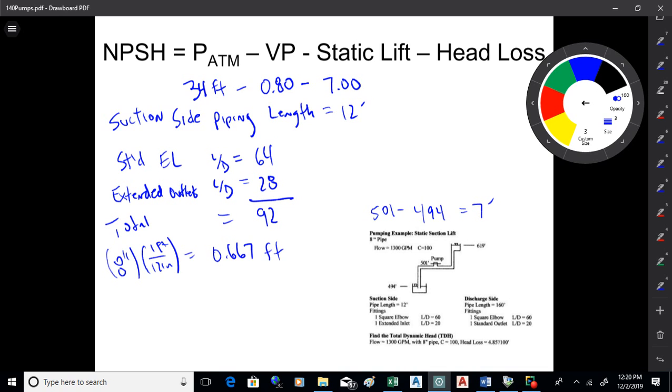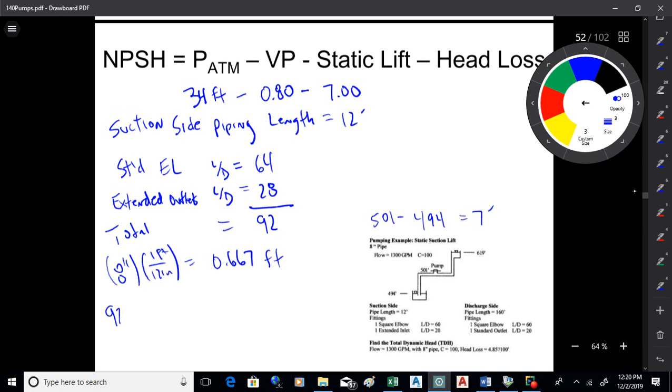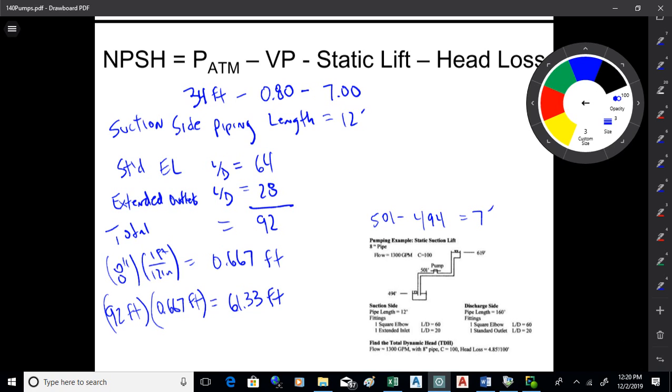So what we're going to do then is take that 92, that's L over D, and multiply it by D, which is 0.667 feet. And that's 61.33 feet. So those fittings have the same head loss as 61.33 feet of pipe.